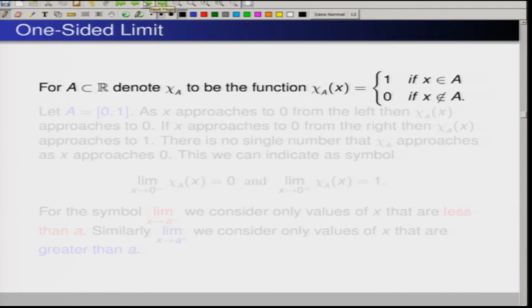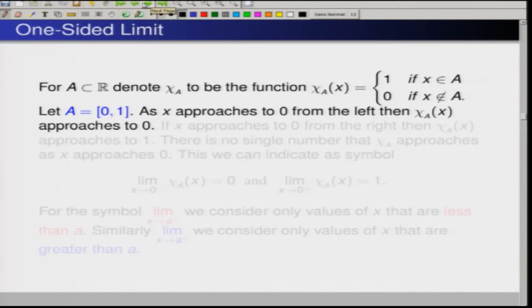For example, this is precisely what we discussed. If we take the set A to be the closed interval [0, 1], then as x approaches 0 from the left, chi of A is taking the value 0.